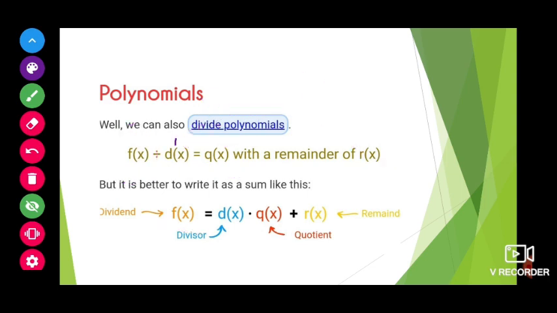Here I have shown this. This is called the remainder theorem. Now we will see how it works.